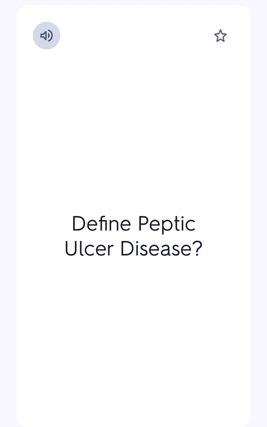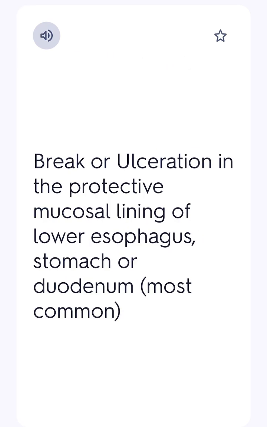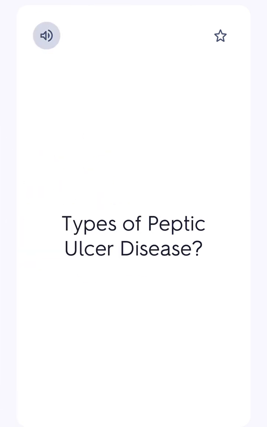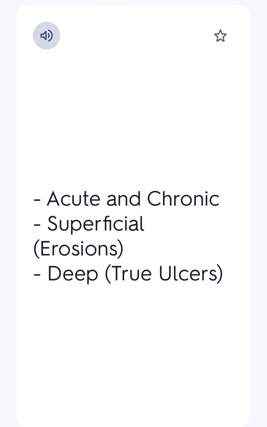Define peptic ulcer disease. Break or ulceration in the protective mucosal lining of lower esophagus, stomach or duodenum. Types of peptic ulcer disease. Acute and chronic, superficial, deep.